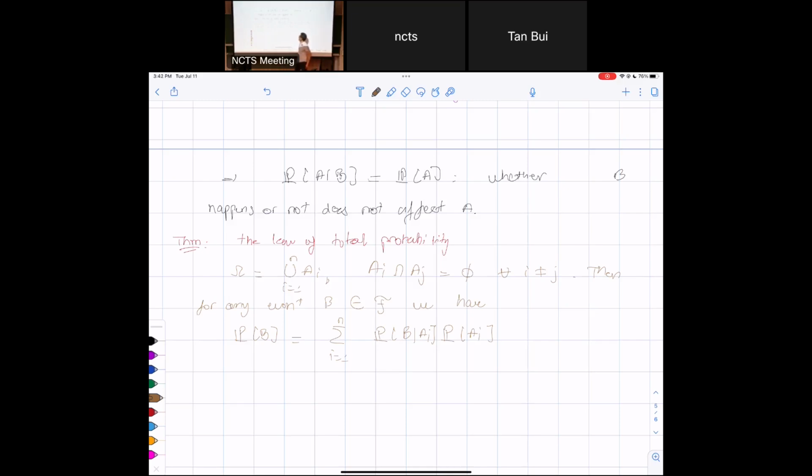So you see, this is the probability of A_i, and this is the probability of B when A_i has already happened. And it's not difficult here at all, because this is nothing more than the conditional probability.